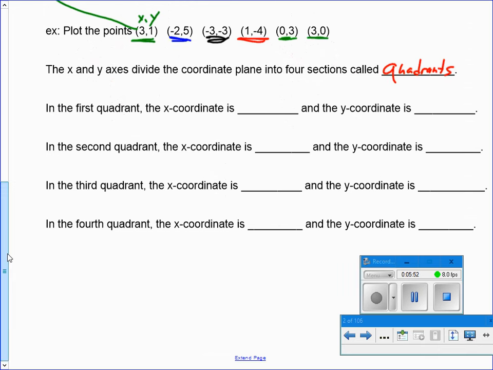Depending on how the coordinates of a point look, it will fall in a different quadrant. If we look at the first quadrant, all those points have positive x-coordinates and positive y-coordinates. They're all moving to the right and up from the origin.